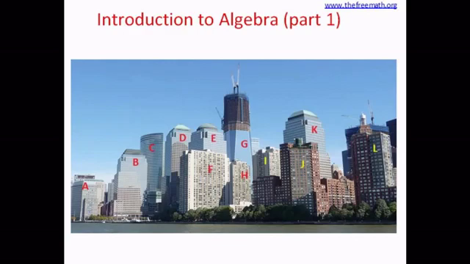So what we understand is that if we use letters to represent these buildings, it makes things simpler. The first lesson is that using letters makes things easy, simpler and convenient.